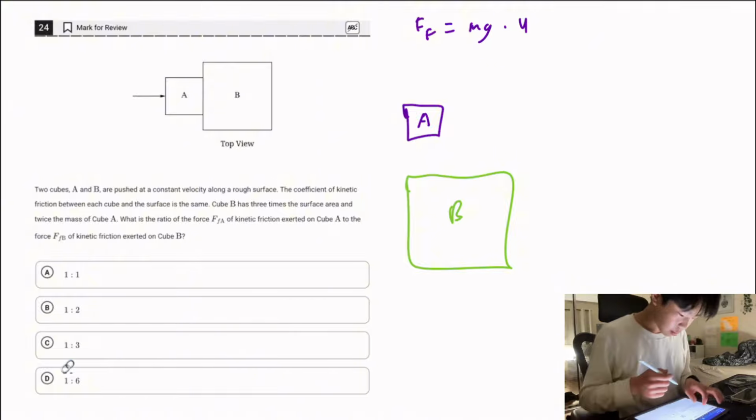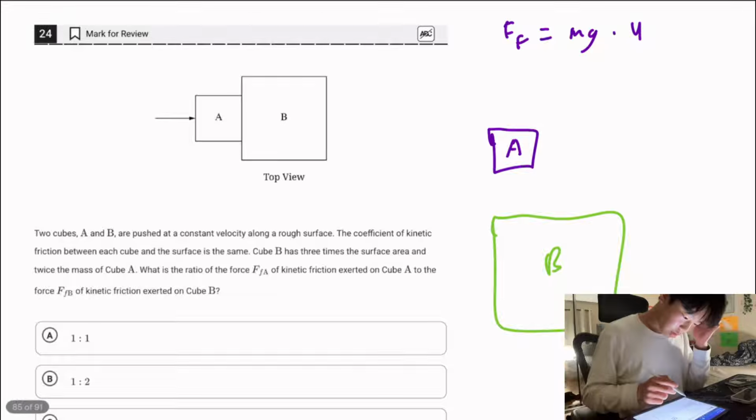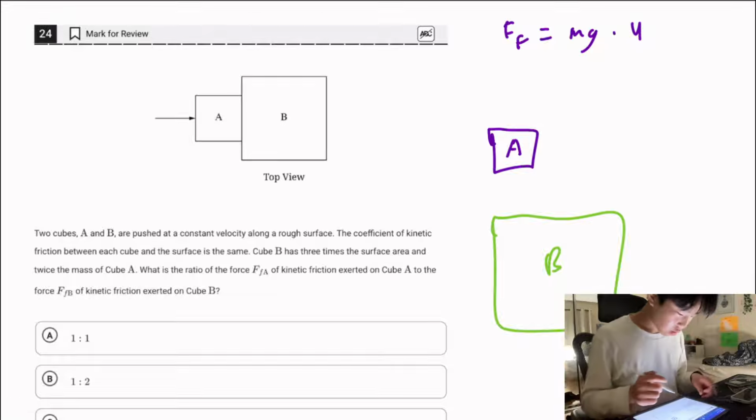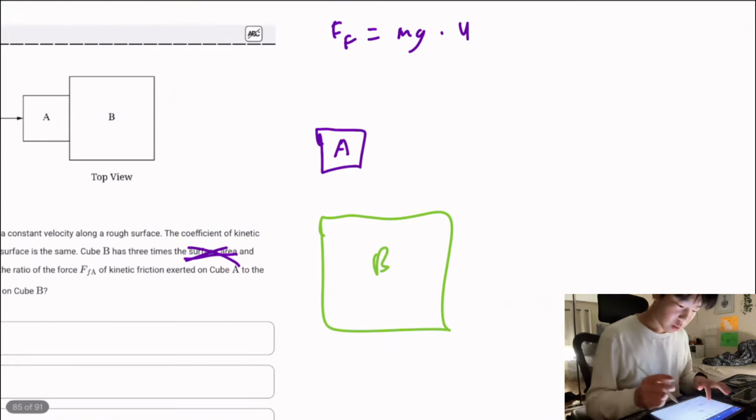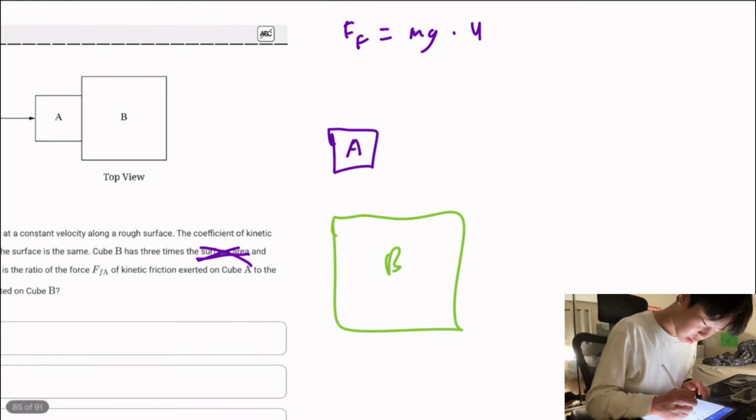This one is saying some nonsense about volume, and volume has nothing to do with the force of friction or the mass, or surface area. You don't really need that. All you need to know is that cube B has twice the mass of cube A, which means the friction for this one is going to be 2g times mu.